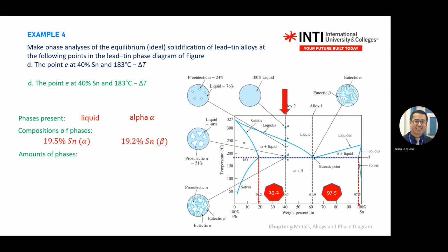Yeah, about that. Beta. Liquid and alpha. 19.5.